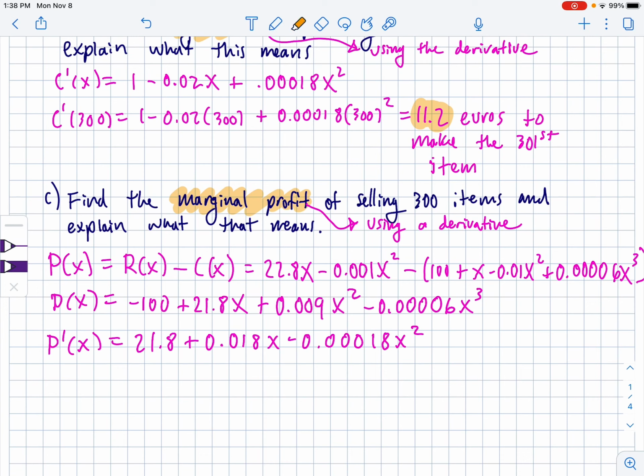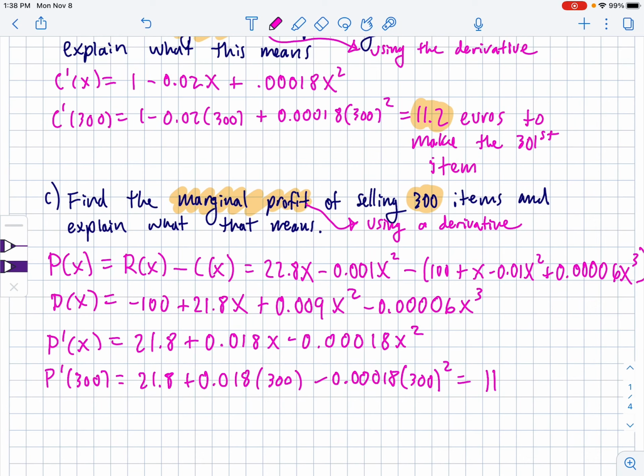So we're figuring out the marginal profit at 300 items. Let's put a 300 in there. We get 21.8 plus 0.018 times 300 minus 0.00018 times 300 squared. And I believe this is 11.